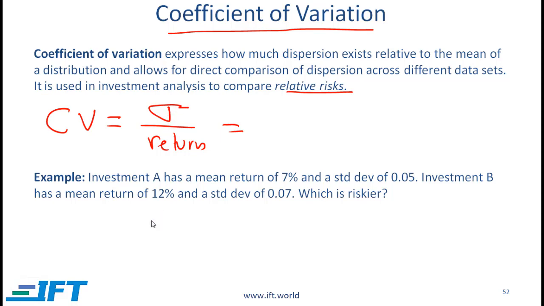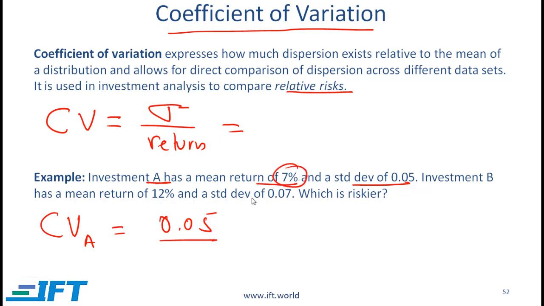So let us look at a simple example. You have investment A with a mean return of 7% and a standard deviation of 0.05. The coefficient of variation for A is going to be the standard deviation, which is 0.05, divided by the mean return.